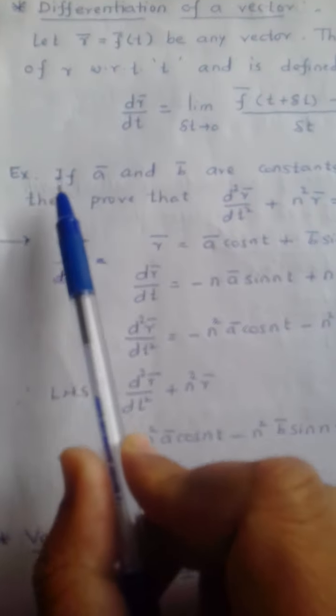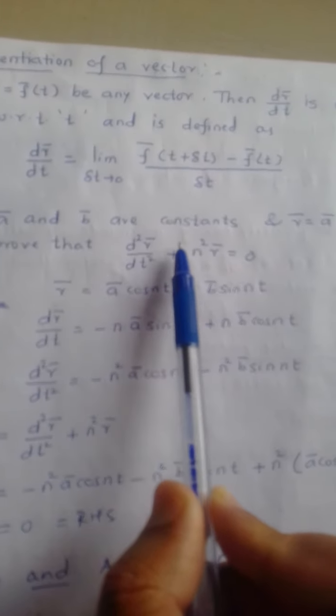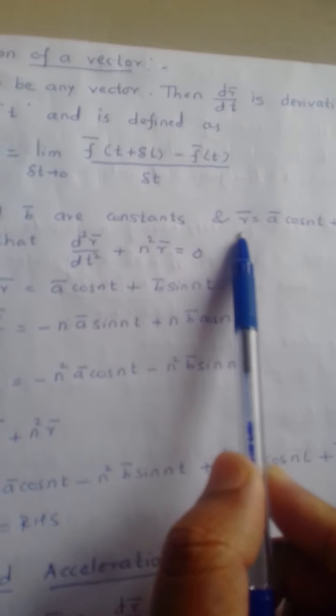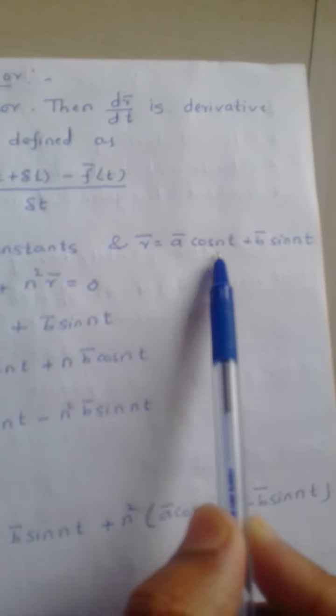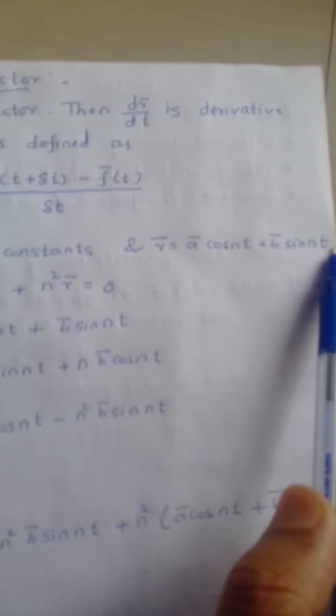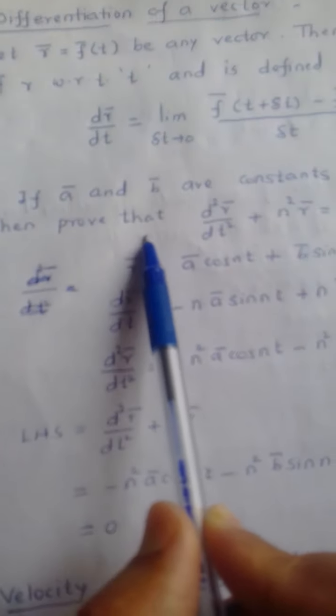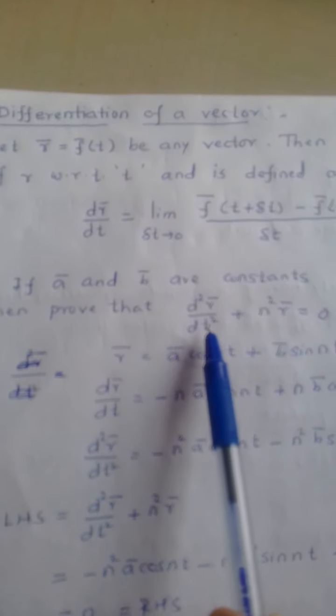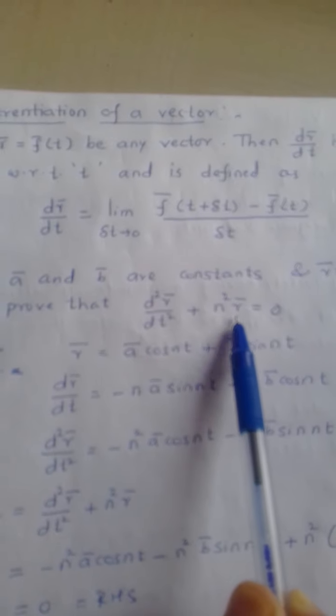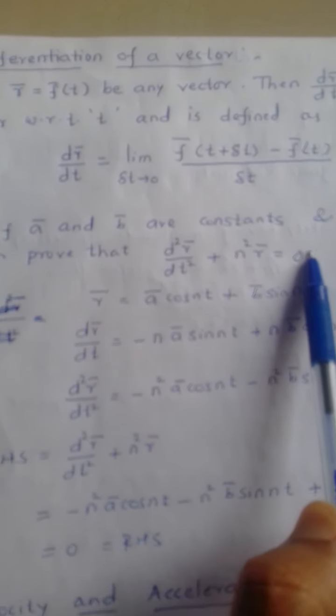Now one example: if a bar and b bar are constants and r bar equals a bar cos of nt plus b bar sin of nt, then prove that d2 r bar by dt square plus n square r bar equals 0.